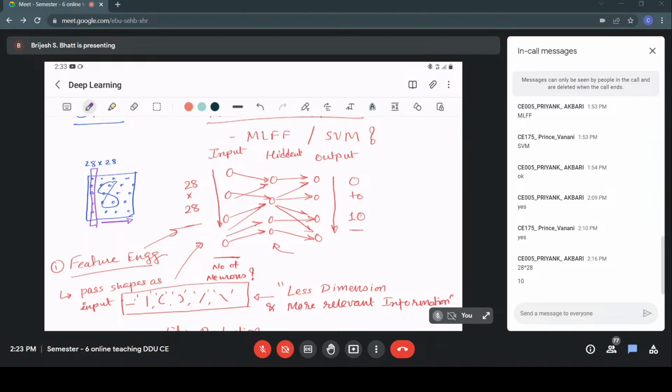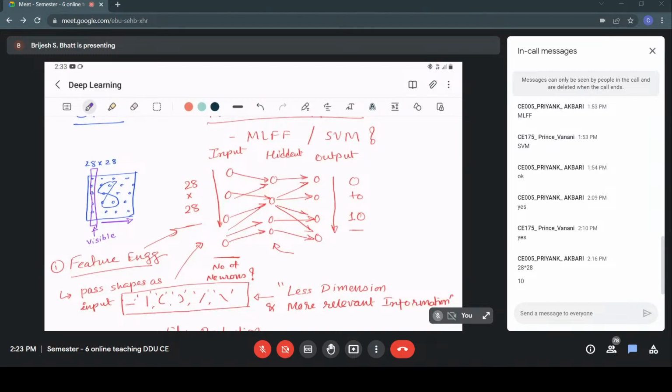So what you do is you pass a slider through the image, and through the slider you can see only this much area when you slide it. So this is the visible area, and everything else is hidden. As you pass, you will notice whether you get a curve in the path or not.